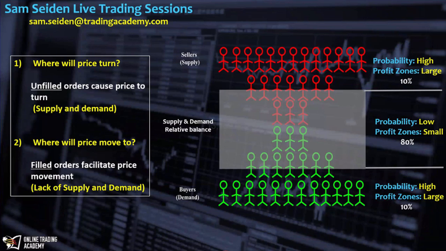Any candles or bars or lines on a chart represent filled orders. But what our brain needs to process is this picture of the stick figures on the right. What do the unfilled orders look like? Where are those? Where's the real supply and the significant demand? Does that make sense? Okay.